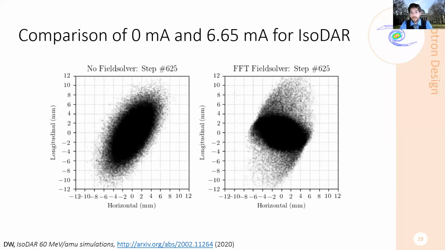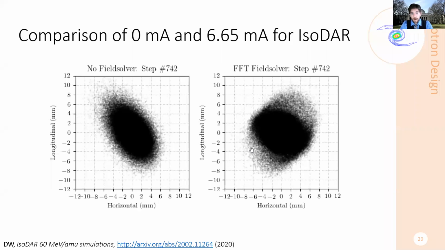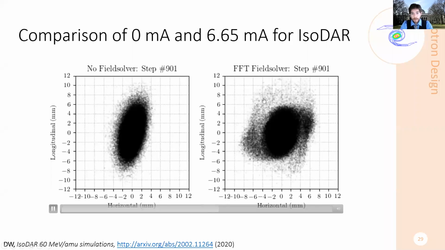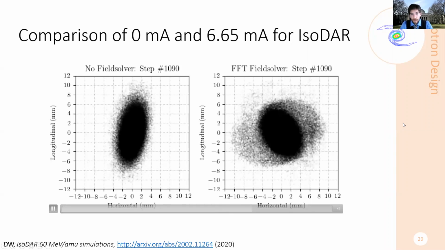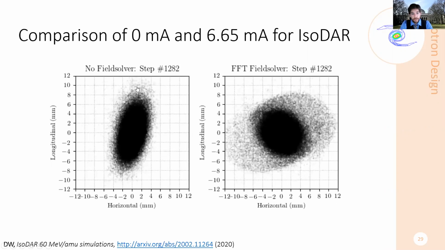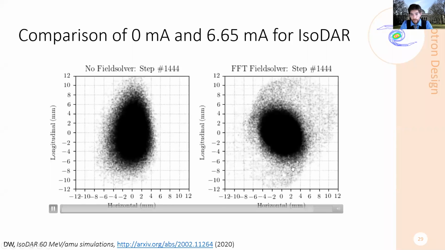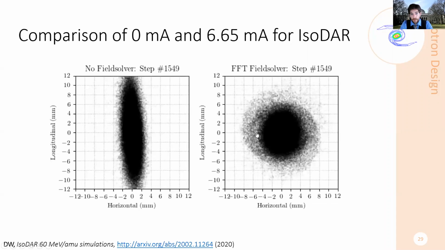This is in the isochronous magnetic field, and you can see how halo particles are starting to develop, but you can also see how they always go around the beam with these wings. And after a while, you can notice that the left one always comes back to this elongated cigar-like Gaussian distribution, whereas the right one forms this circular distribution.